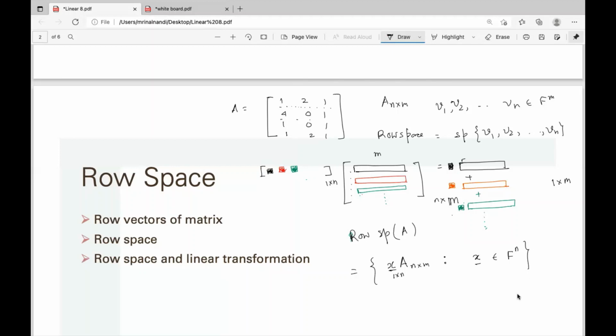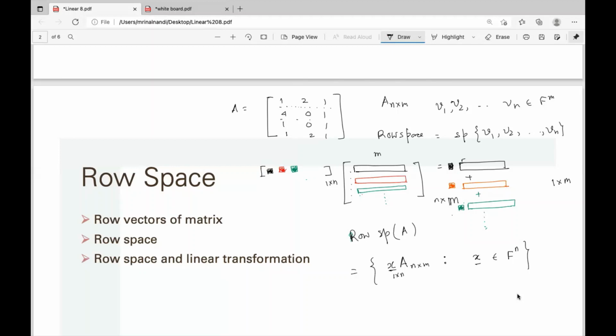This is a collection, because if you choose a fixed x and pre-multiply with A, this will give a linear combination of the rows of A.